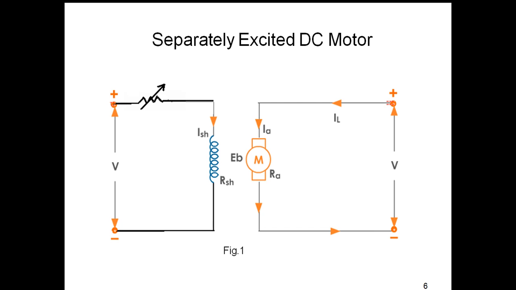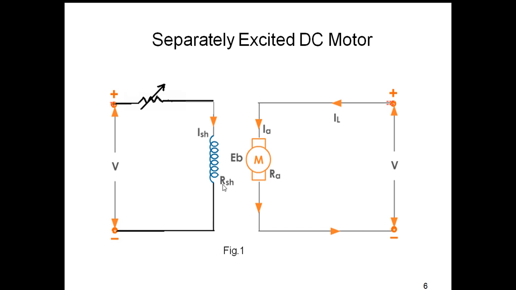This is the circuit diagram for separately excited DC motor.